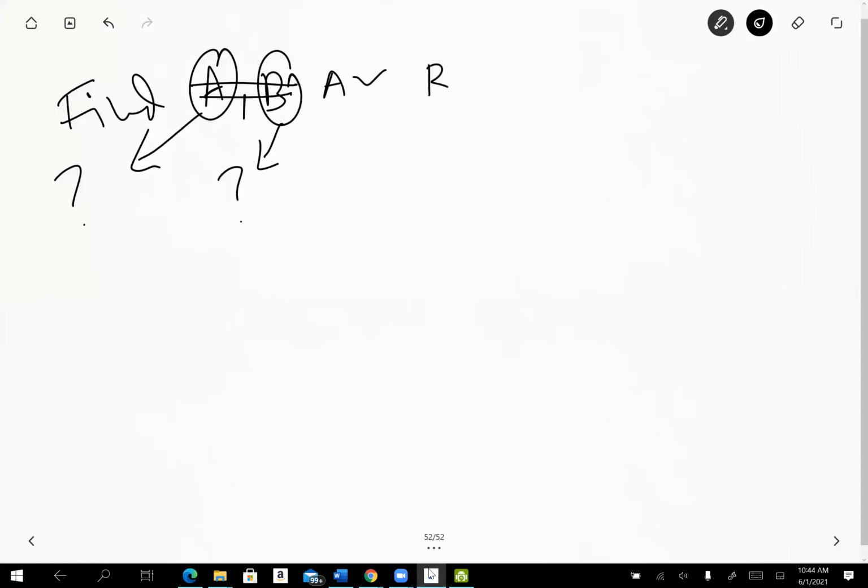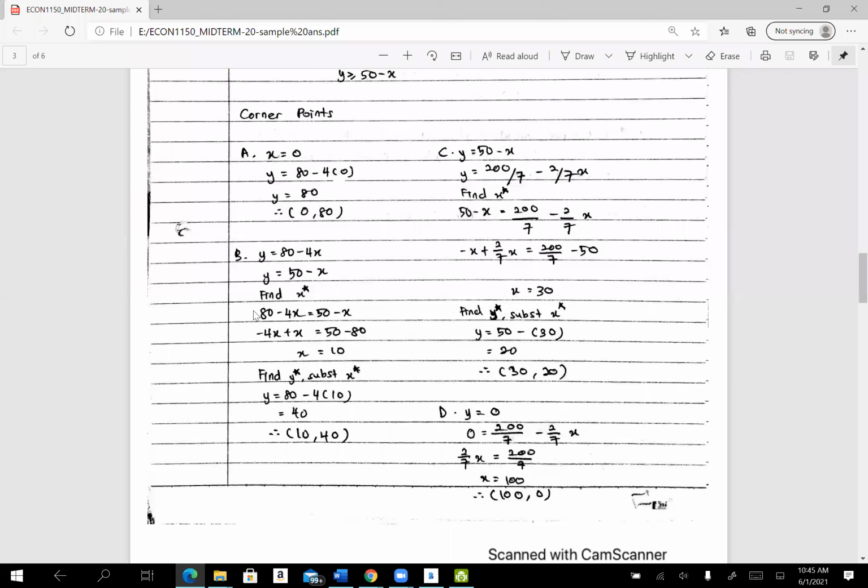All right. Now point B is the intersection of these 2 equations: y equal to 80 minus 4x, y equal to 50 minus x. So where did this come from?